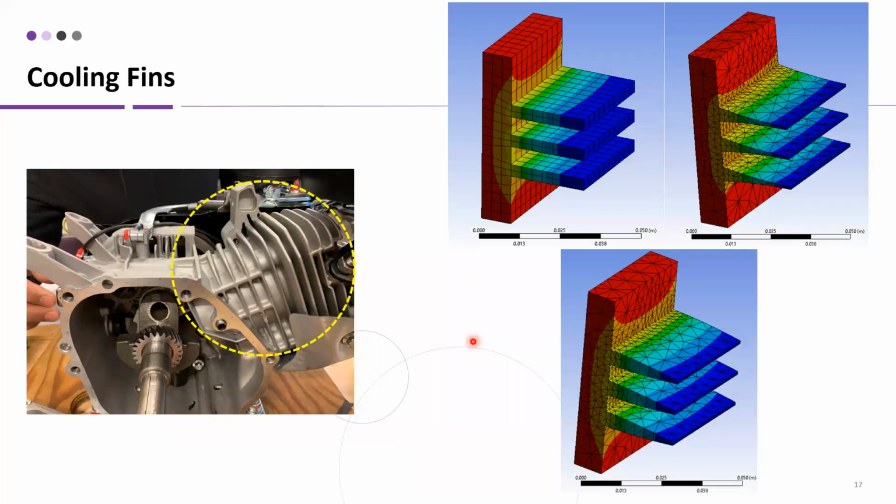So this is one of my projects where our team planned to study the performance of cooling fins. This is an air-cooled internal combustion engine, and this is the cylinder. The combustion process takes place inside the cylinder and makes the cylinder's temperature go very high.